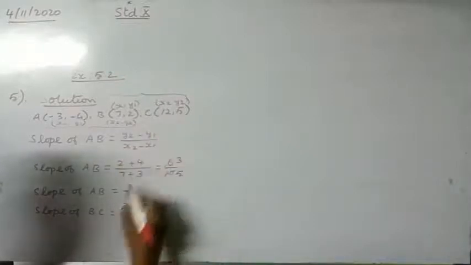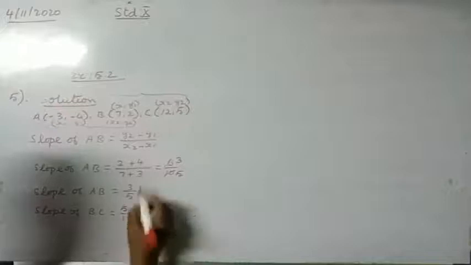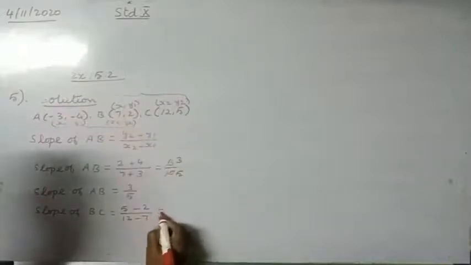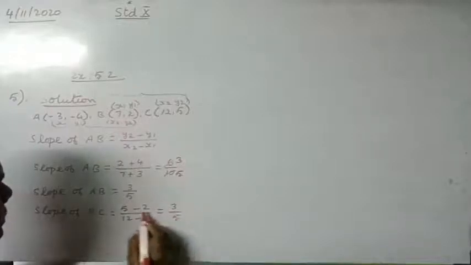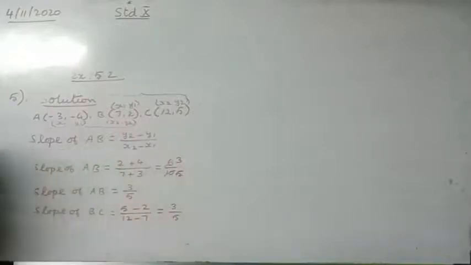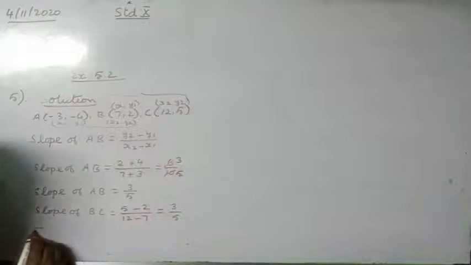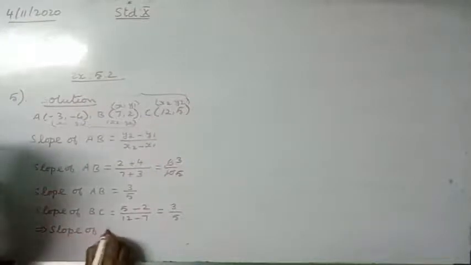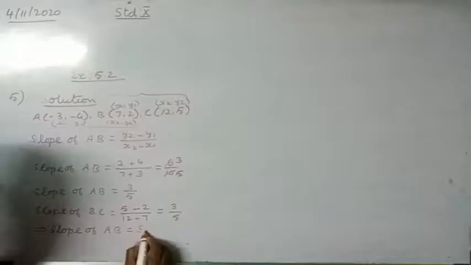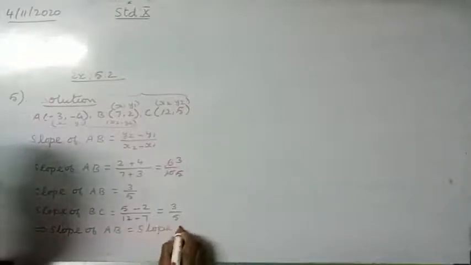Divide by x2 is 12 minus x1 is 7. So 5 minus 2 is 3. 12 minus 7 is 5. These two are equal. 3/5, 3/5. So which implies slope of AB is equal to slope of BC.